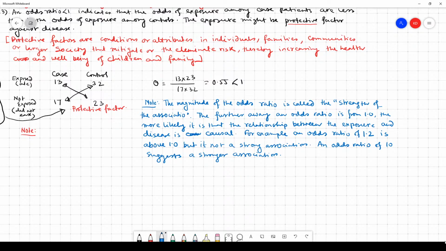Now, this is another note: the odds ratio can be equal to any non-negative number.